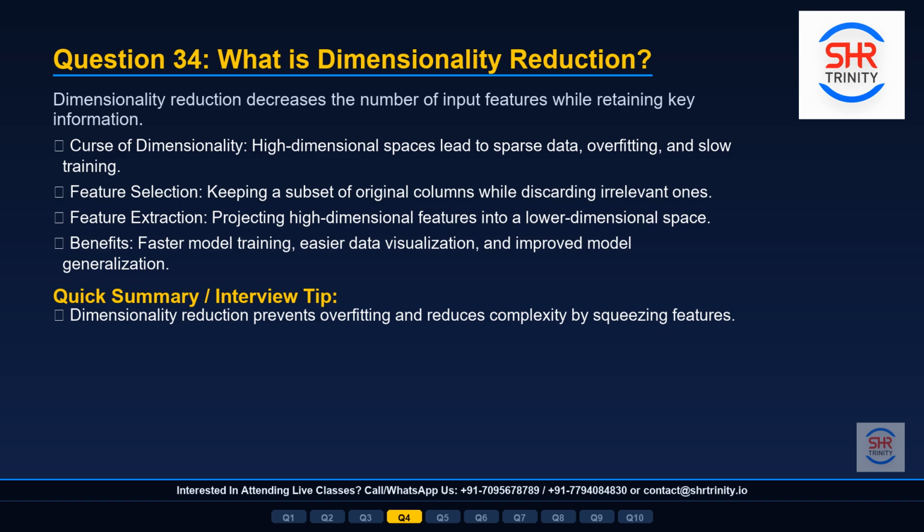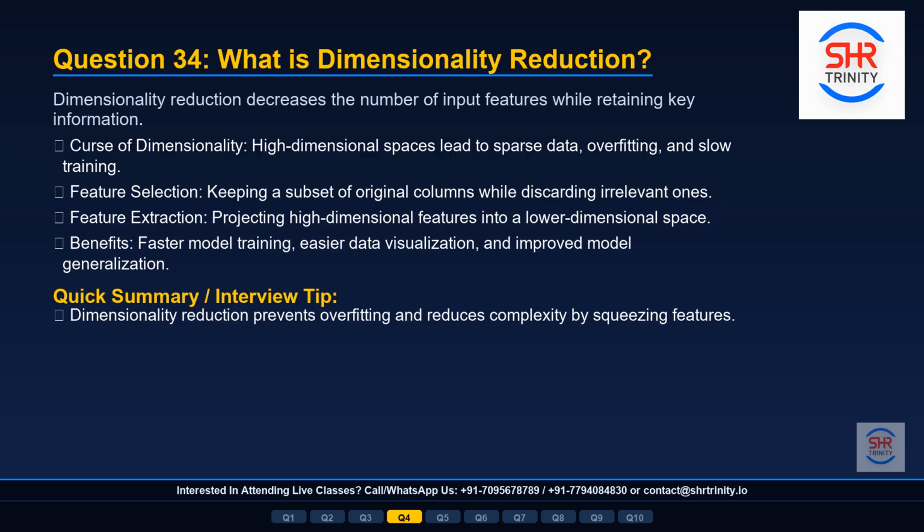Dimensionality reduction is the process of reducing the number of random variables under consideration. It is achieved through two main strategies. First, feature selection, where we keep a subset of the original columns and discard irrelevant or redundant ones, using methods like variance thresholding or correlation analysis.